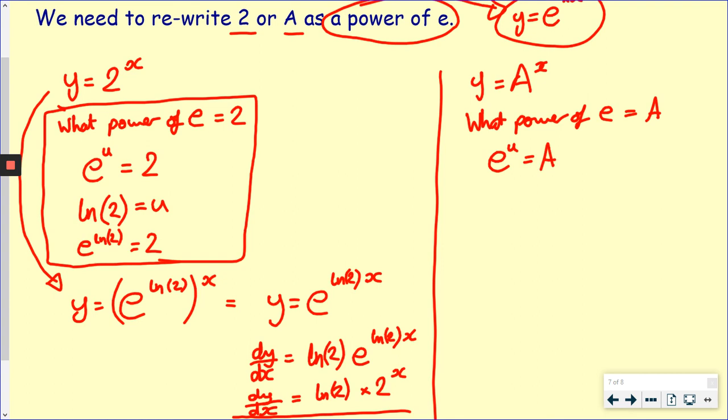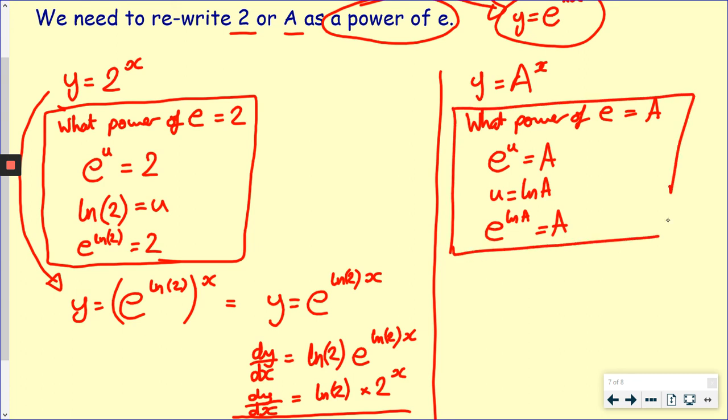We could even now go, well, I know that's got to be ln a, because e to the ln a, the e and the ln are going to cancel, we're just going to be left with a. There's our aside. That's the useful part of this that's going to allow us to convert this equation into this equation. y equals e to the ln a times x.